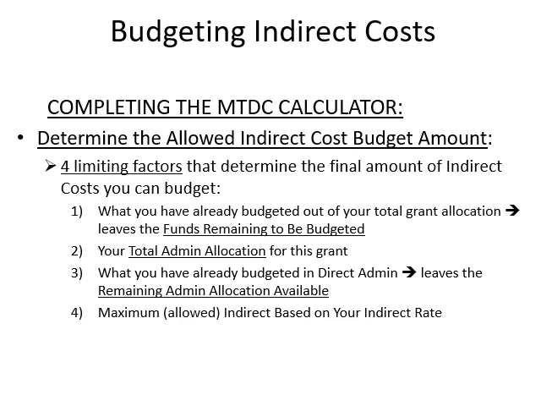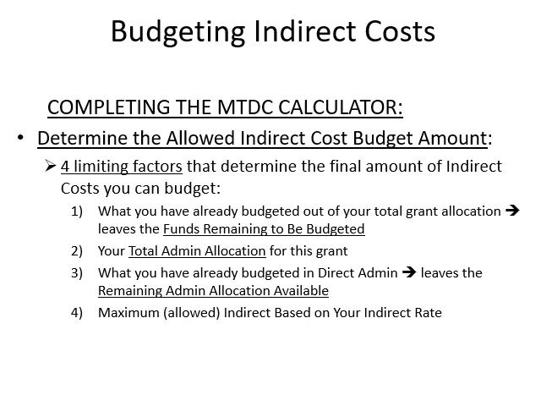So what you have already budgeted out of your total grant leaves the funds remaining to be budgeted. Your total admin allocation for this grant can also limit the amount you can claim as indirect, because the indirect costs, line 317, plus the rest of the 300 series, which are your direct administration lines, those two added together cannot exceed your allowed admin max for the particular grant you're budgeting.